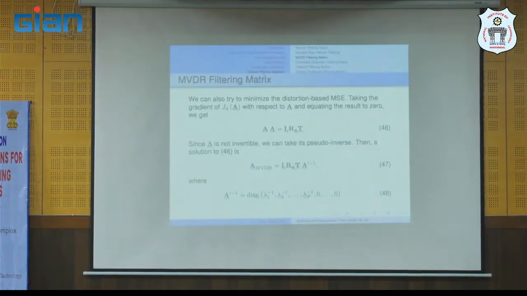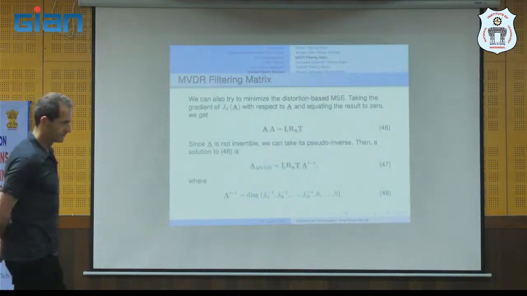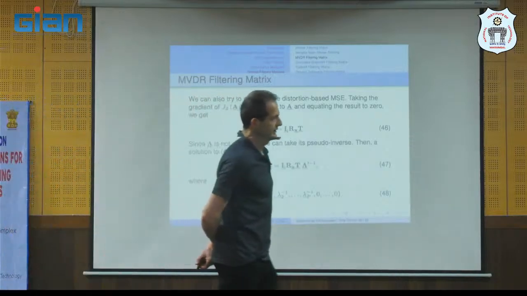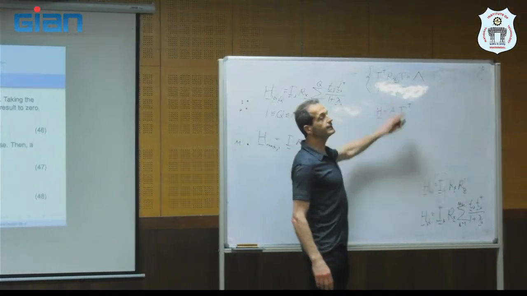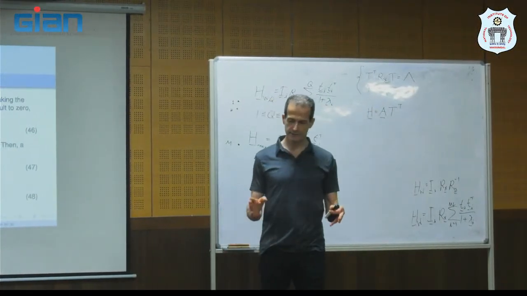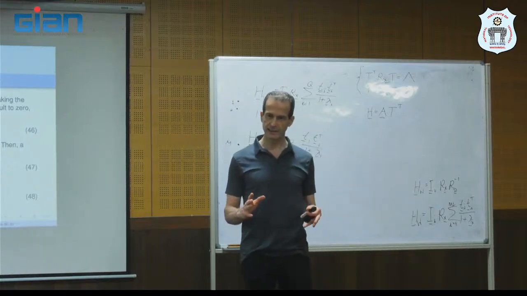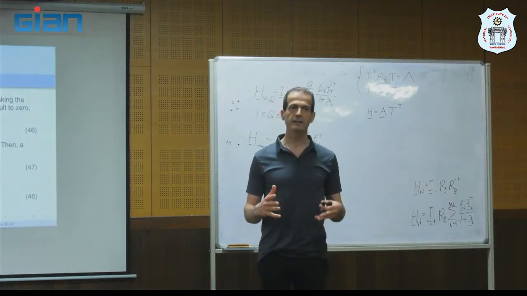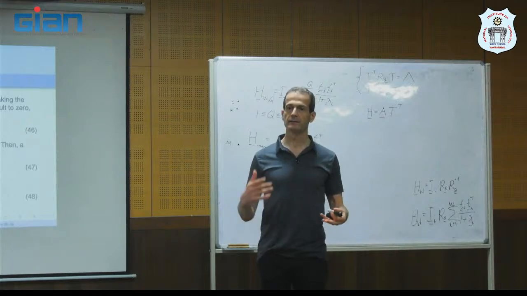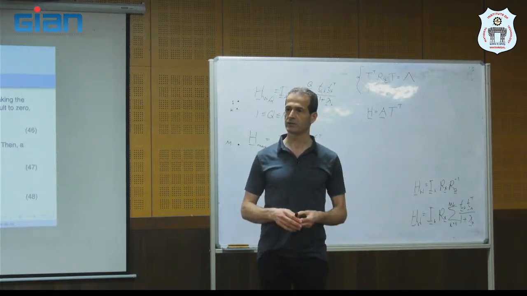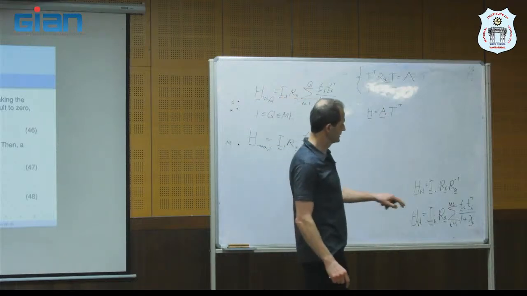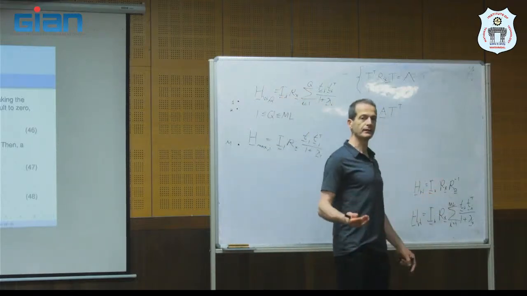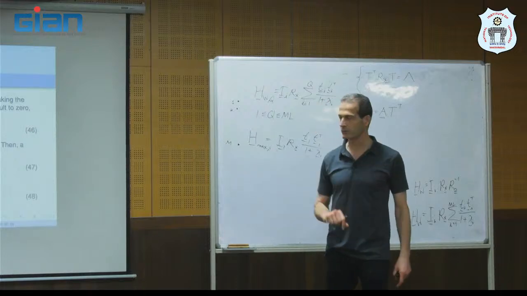Okay, so the MVDR, what does it do? If we go to this transform domain, we know that the components of the signal are spanned by some P generalized eigenvectors, because the rank of Rx is P, a lower rank.